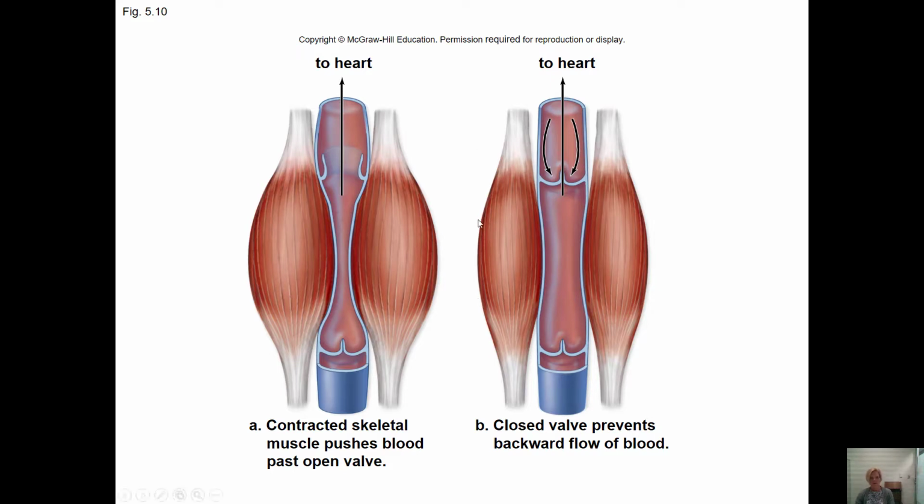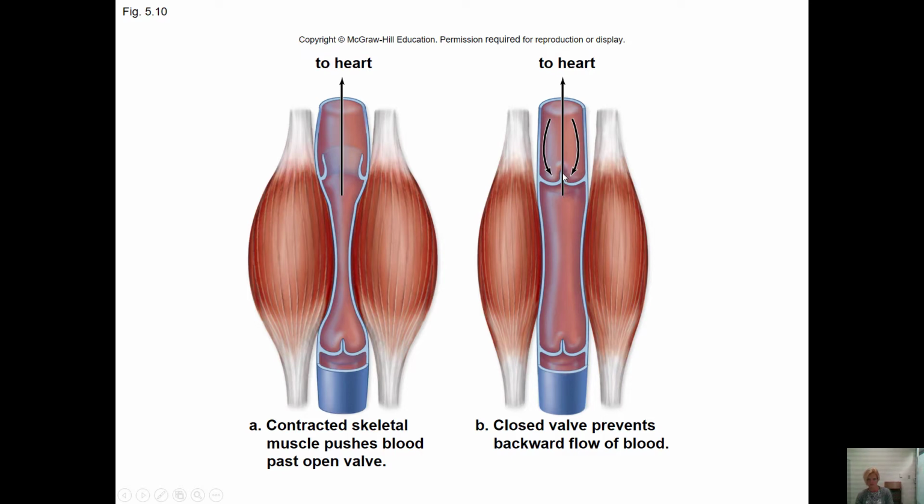So when we look at the veins, like we talked about, they don't have a high pressure circuit with the heart pumping blood through them. What they have are muscles surrounding them that when they contract, prevent the backflow and push the blood forward. So as we contract our muscles, blood is pushed upward to the heart, and then the valves prevent the backflow.